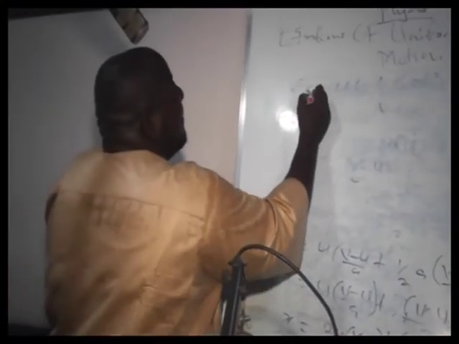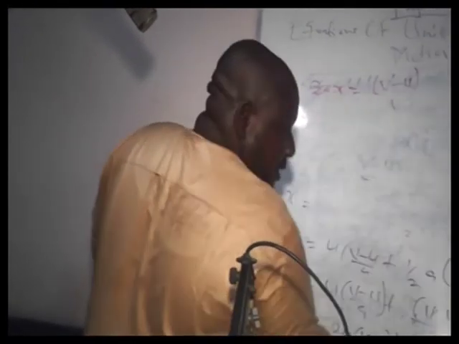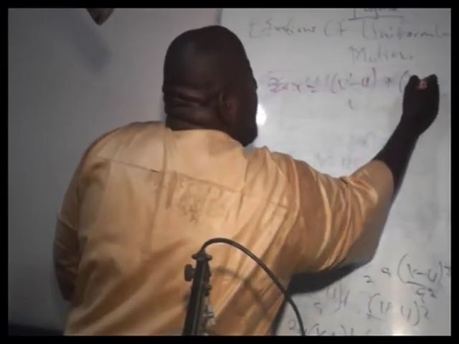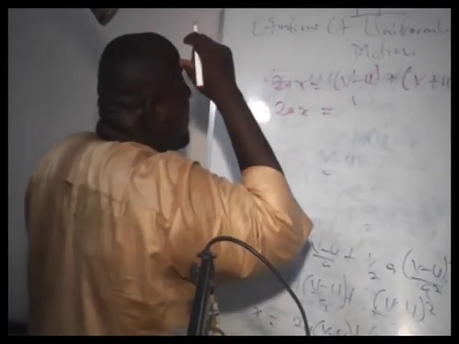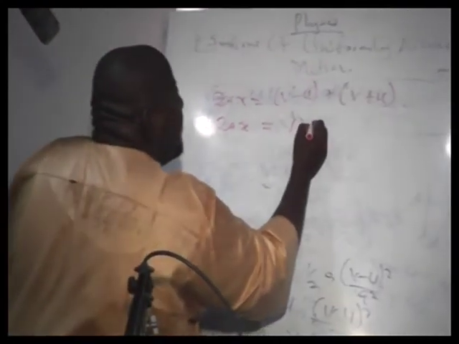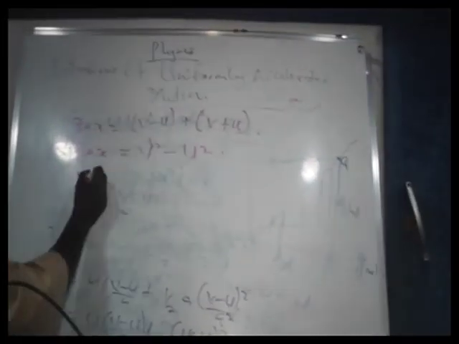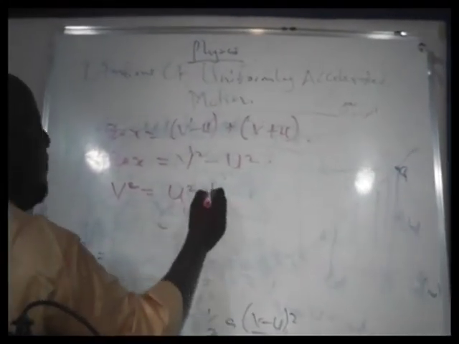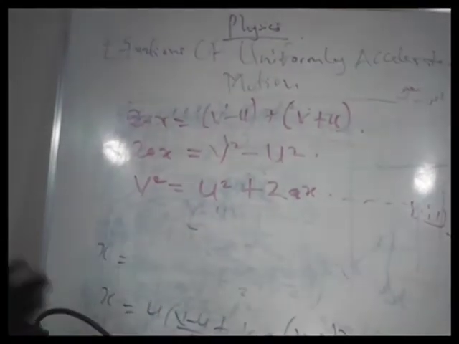So this will give us our x, that is displacement. You multiply through, it will be 2ax equals v minus u times v plus u. If you expand it very well mathematically, we have 2ax equals v squared minus u squared. Making v the subject of the formula now, we have v squared equals u squared plus 2as. So this is the third equation of motion.